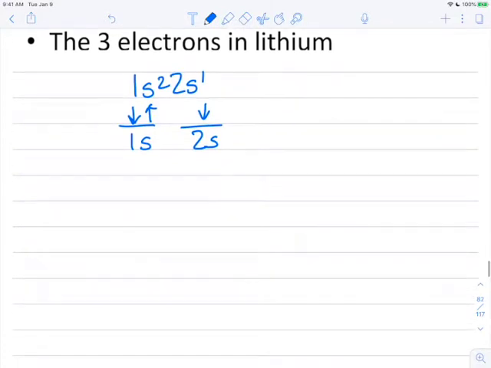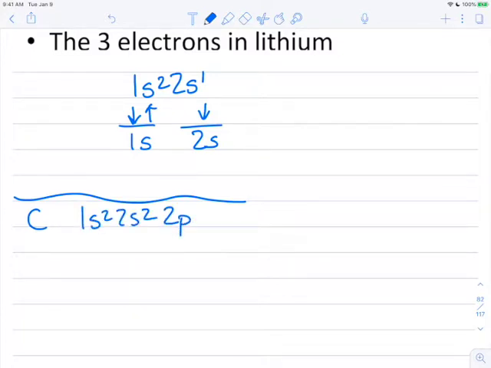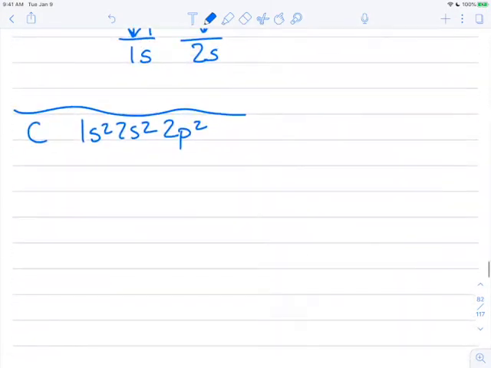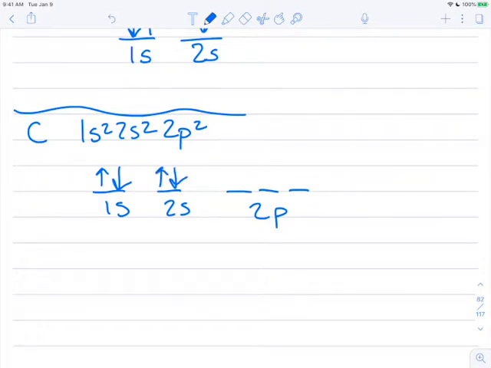So we could also think of carbon. This is kind of an aside. So this is carbon, 1s2, 2s2, and then I believe 2p2 for our carbon. So we're forced into doing a spin up and spin down for the s's.